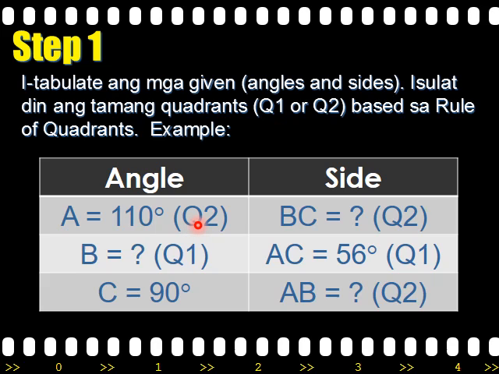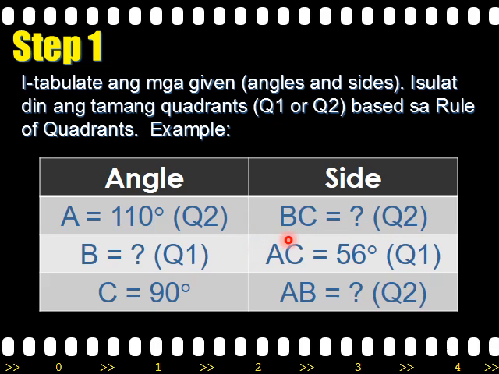Okay? So, kung gagamitin natin si rule number 1 sa rule of quadrants, di ba sabi doon, the angle and the opposite side should be in the same quadrant. So, since si angle A is nasa Q2, ibig sabihin si side BC na opposite sa angle A dapat nasa Q2 rin.